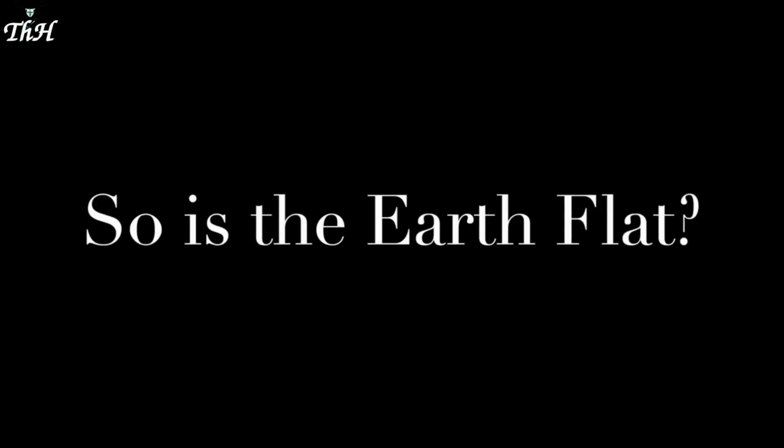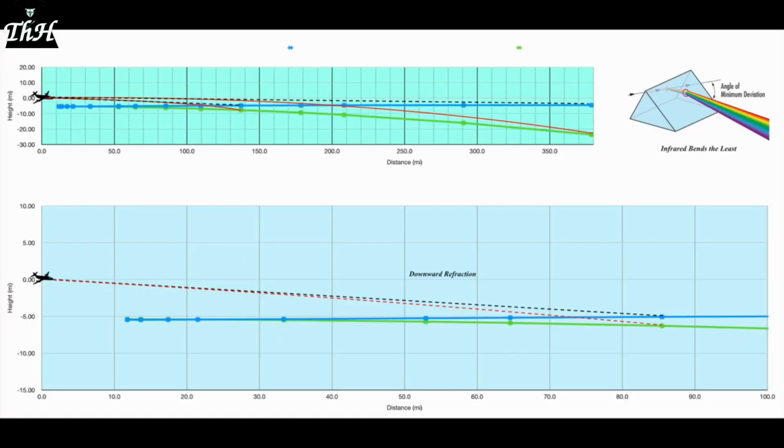So, is the Earth flat, or does it only appear to be flat? Now, we're not the only ones to know about this phenomenon, and they patch up the globe by saying there's downward refraction. As you can see in these charts, the red line is the light path, and it curves down towards the aircraft in such a way to make it appear as if it's coming from a flat surface.